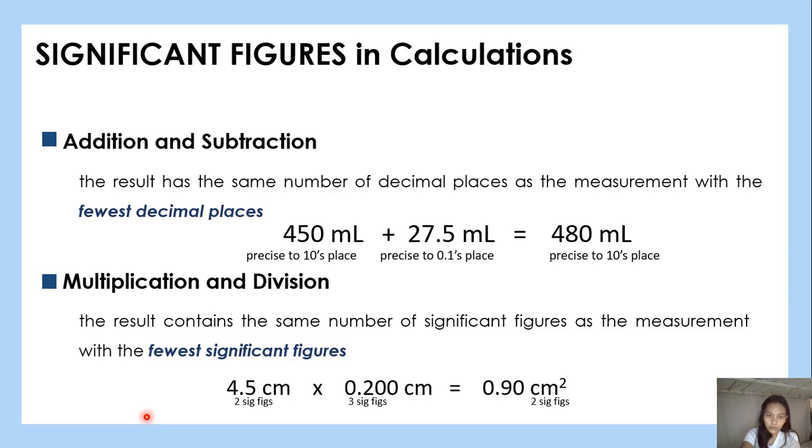For example, we have here 2 significant figures multiplied by 3 significant figures. The result should follow the measurement with the fewest significant figures. That is why your result should be in 2 significant figures also. So, that is significant figures in calculations.